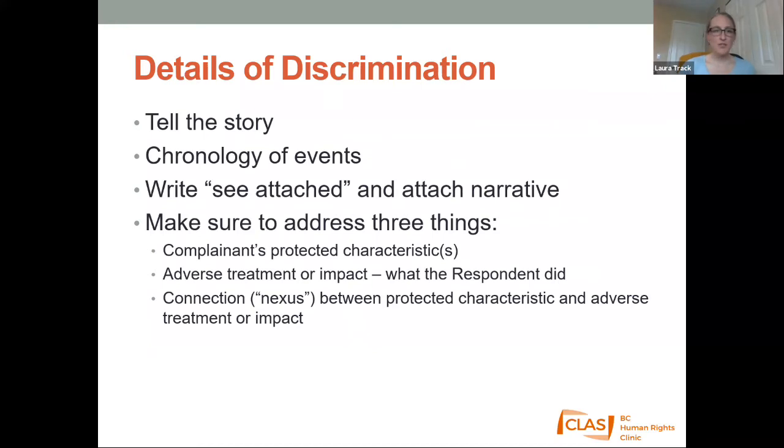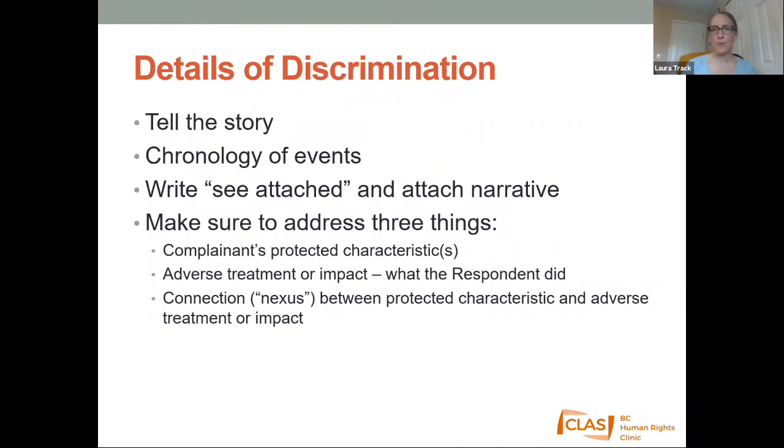So telling the story in a chronological way, in my experience, is the clearest and most straightforward way to get the story out. You're not provided a ton of space on the print form for the tribunal, so feel free to attach additional pages. And I really like to suggest that people write the date or the approximate date.